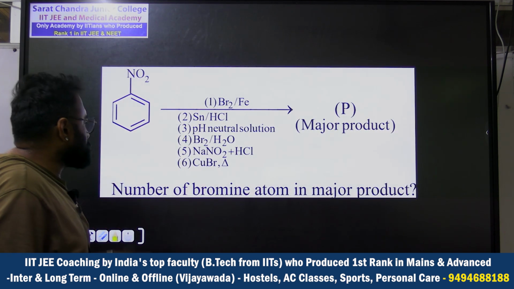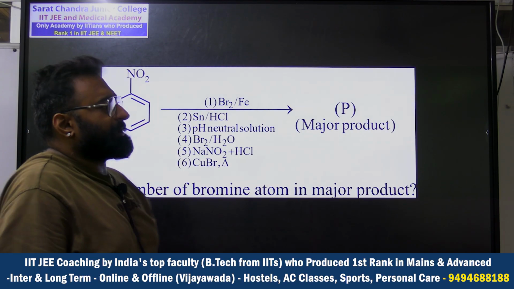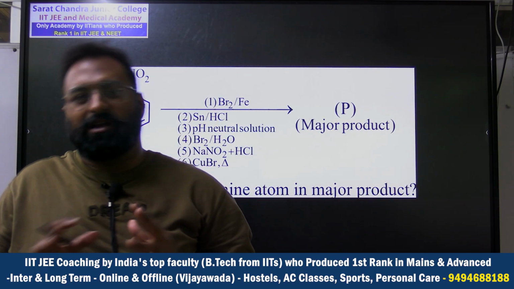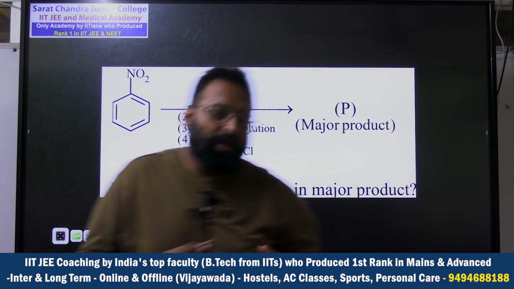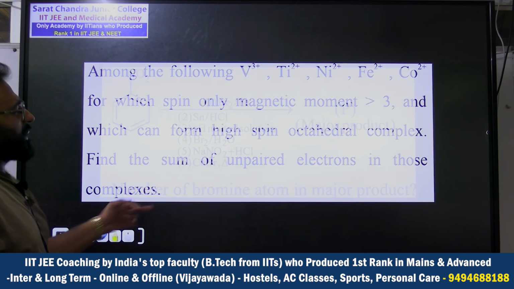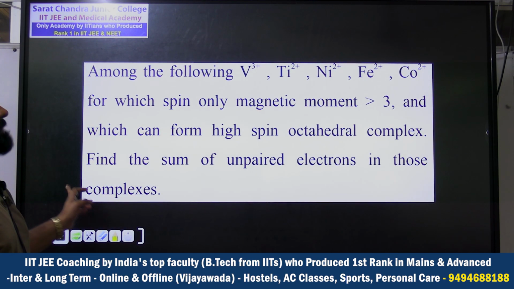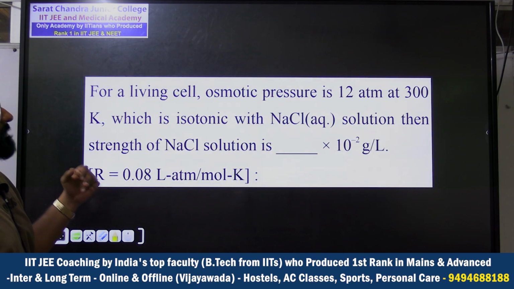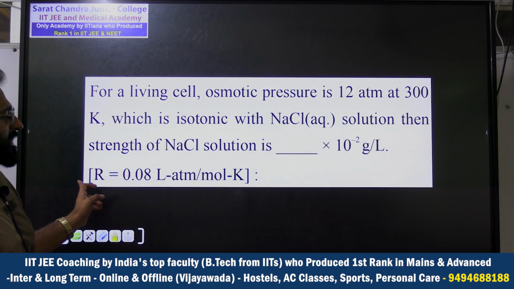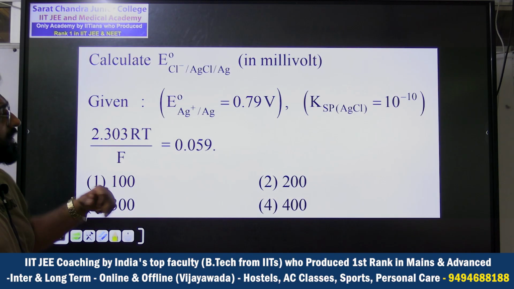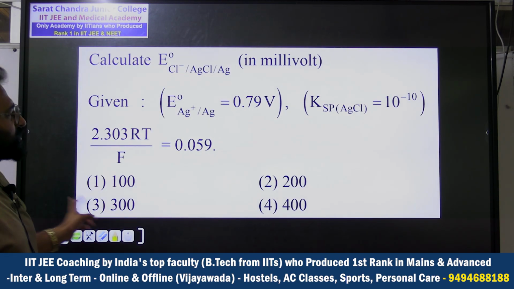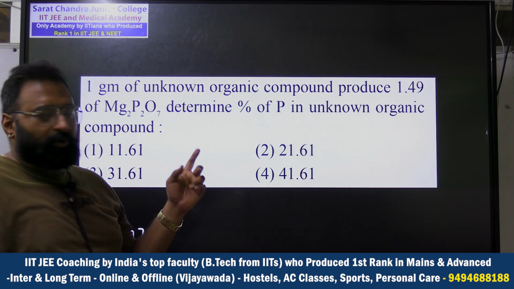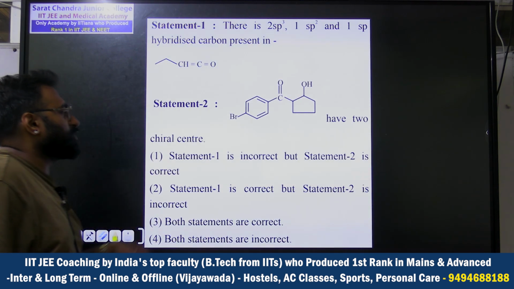So with this we have completed our paper analysis. As far as the questions are concerned, all are from moderate to easy level. The questions are from organic, coordination chemistry, solution chapter, equilibrium chapter, solution chapter again. Solution we have 2 questions, then electrochemistry 1 question, then practical organic chemistry or stoichiometry, both are correct.